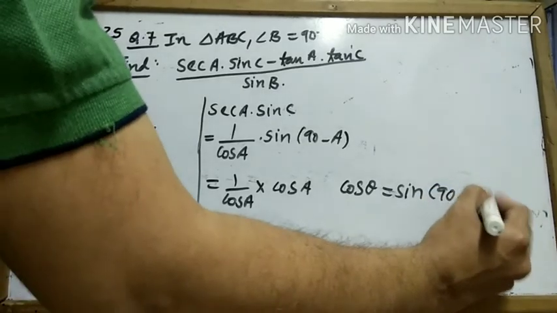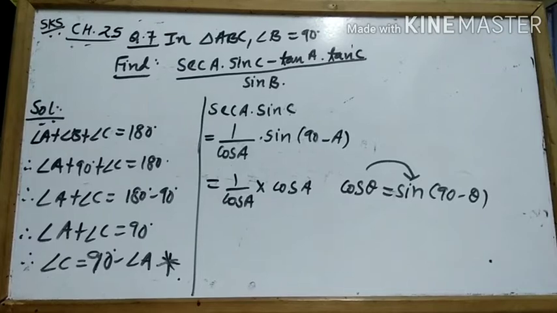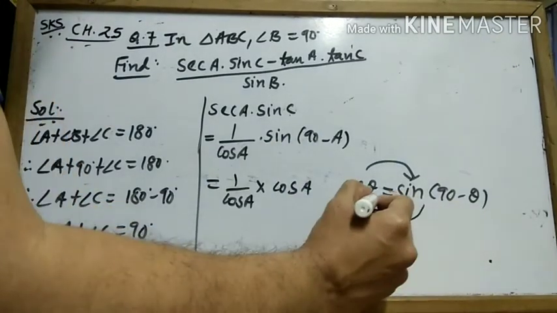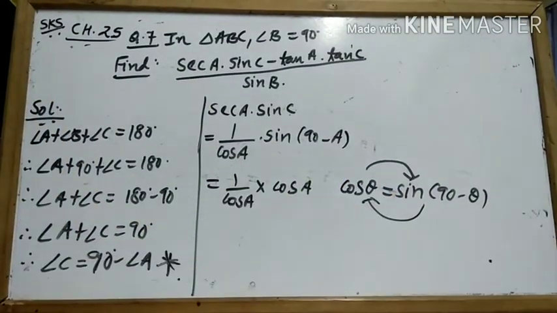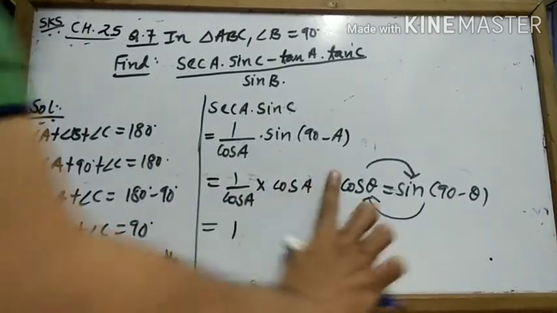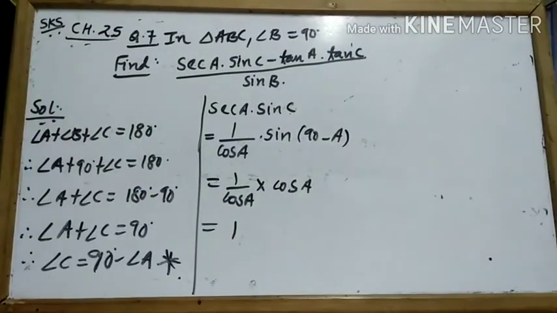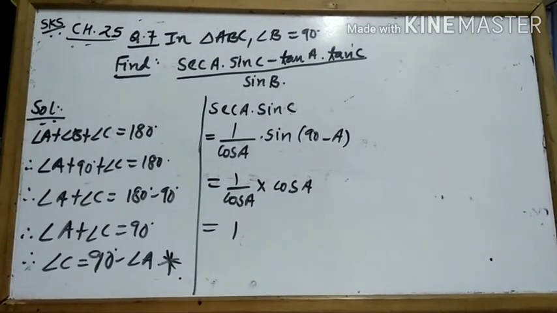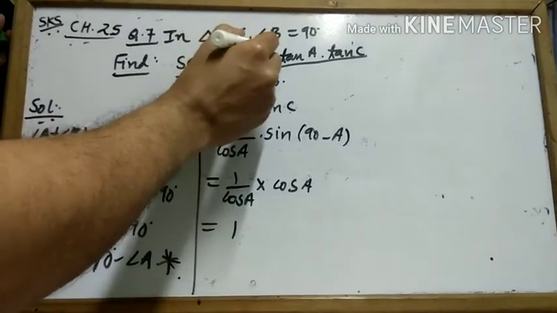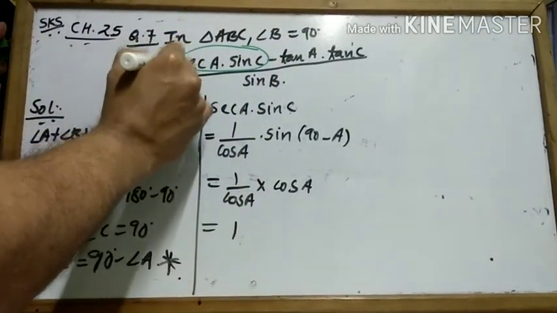As we discussed in some question earlier, we generally use this kind of result. Here in this case we are using the reverse result. So 1 upon cos A into cos A becomes 1. So my dear friends, for your easier understanding, the value of the first part which we discussed, this entire part value is 1.